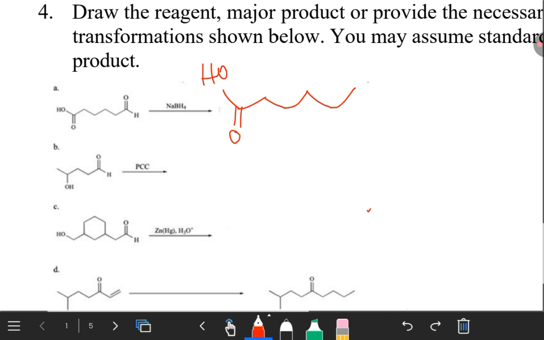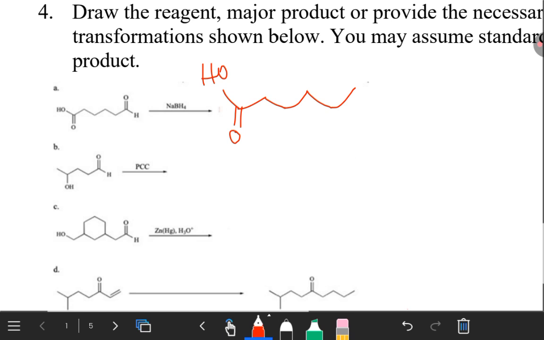when we reduce aldehydes, they simply form primary alcohols. That is what we said. So because they are forming primary alcohols, we must add a primary alcohol to this end point. So we just need to maintain the number of carbons.